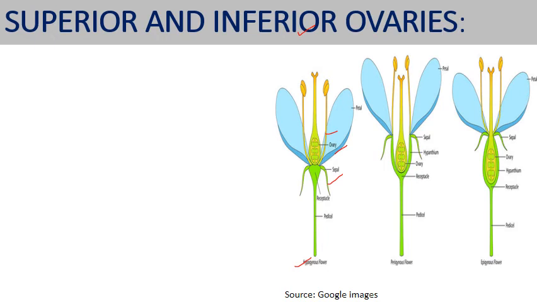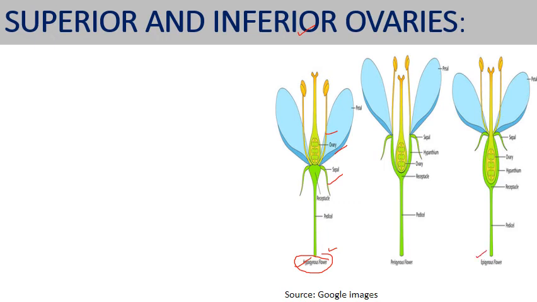This type of flower is known as hypogynous flower. Hypo means below or lower, gynous means ovary. When all the floral organs arise from the base of the ovary without any direct contact, that type of flower is known as hypogynous flower, and the condition of ovary is superior. This type of ovary is said to be superior ovary.